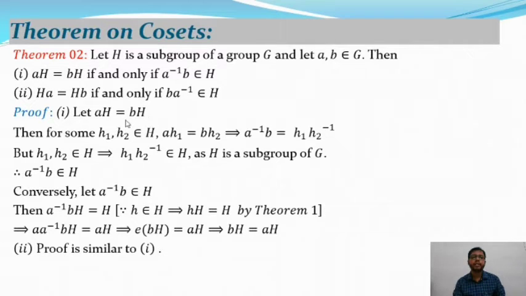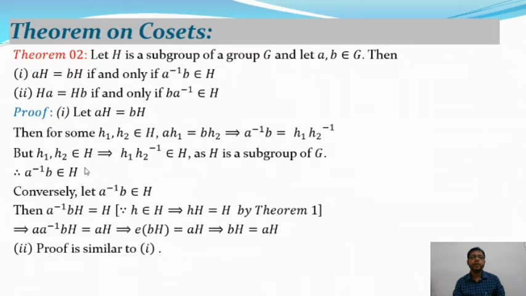Let aH is equal to bH, then for some h1, h2 belonging to H, where h1 and h2 are two elements in capital H, we have a h1, where h1 belongs to H, equals b h2, where h2 also belongs to H. This equation implies, after simplifying, a b inverse equals h1 h2 inverse.